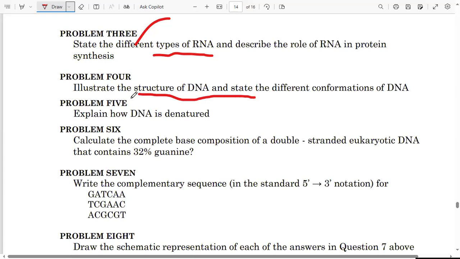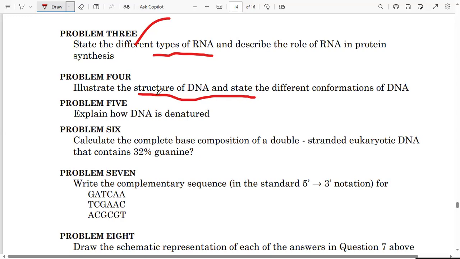They're saying illustrate the structure of DNA and state different conformations of DNA. We know that we have A DNA, B DNA, and Z DNA. But the structure, we just know that it's a double strand with base pairs in between.